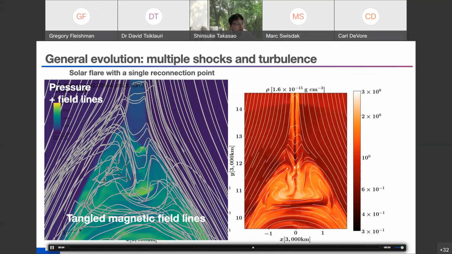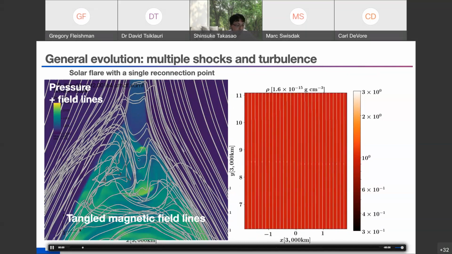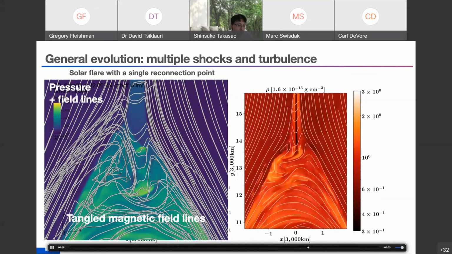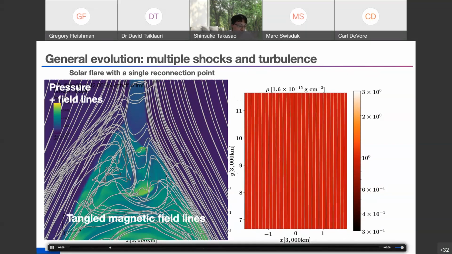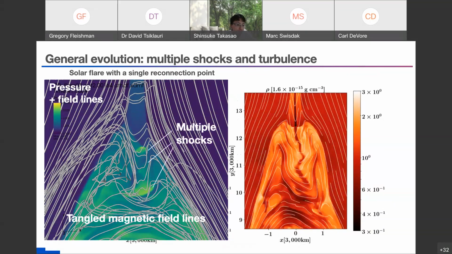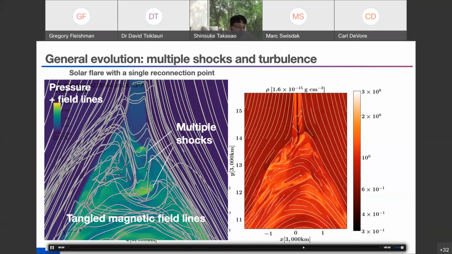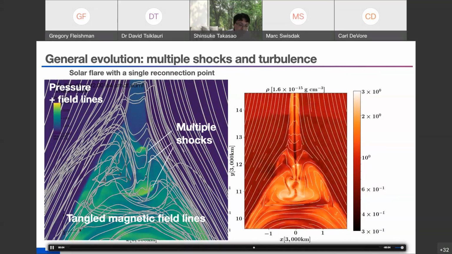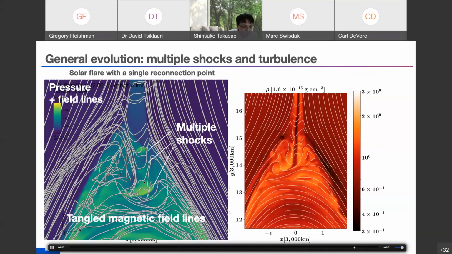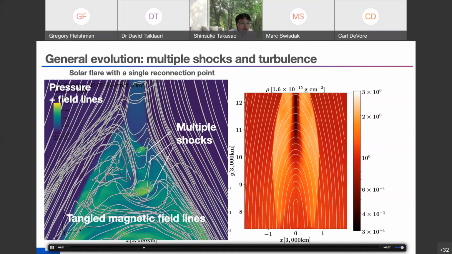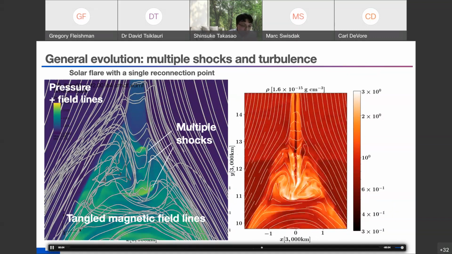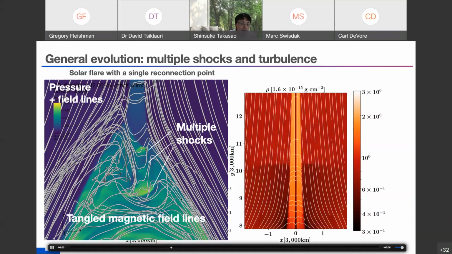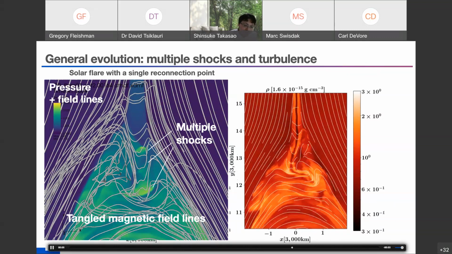This narrow region is a reconnection jet, and we see the tangled magnetic field lines in the above-the-loop-top region, which suggests the generation of turbulence. And we also see some sharp enhancements in the gas pressure, which indicate multiple shocks. As I will show later, the above-the-loop-top region is filled with shocks and turbulence.